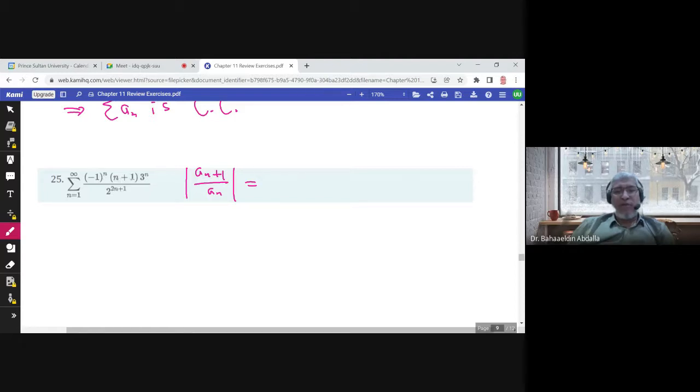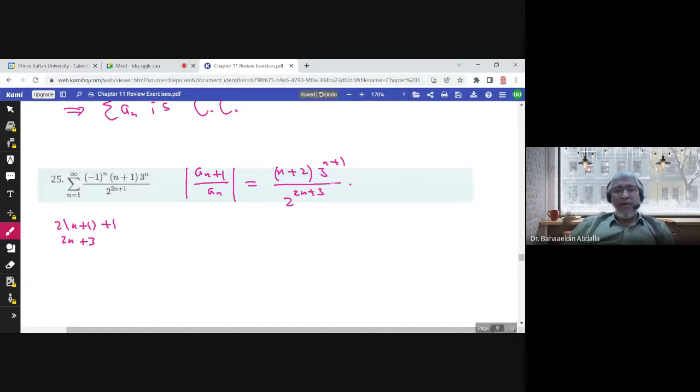I'll have n plus 1 plus 1, so I'll have n plus 2 times 3 to the power n plus 1 over 2 times 2 times n plus 1 plus 1. That's 2n plus 2 plus 1, so it's 2n plus 3.